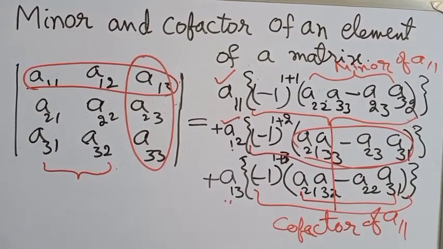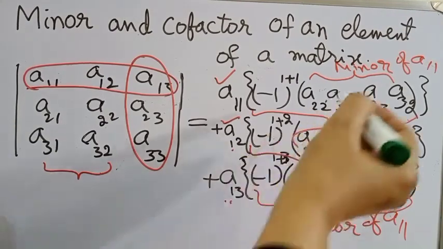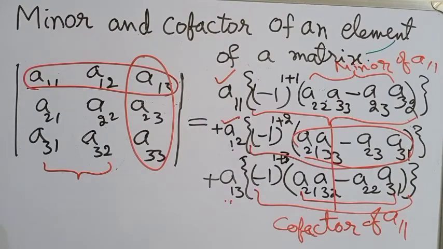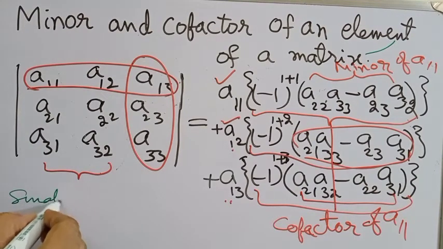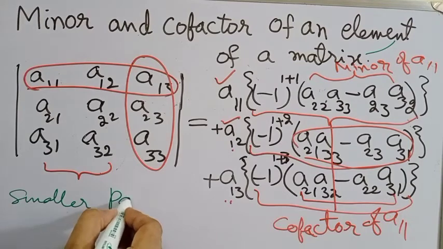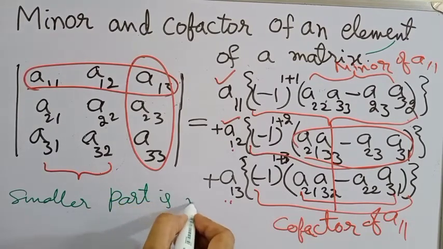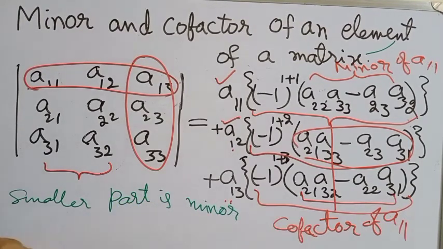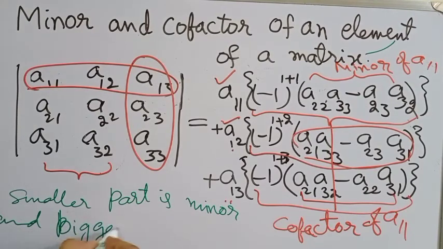The easy way to remember this is by knowing that minor means small: the smaller part is minor and the bigger part is cofactor.